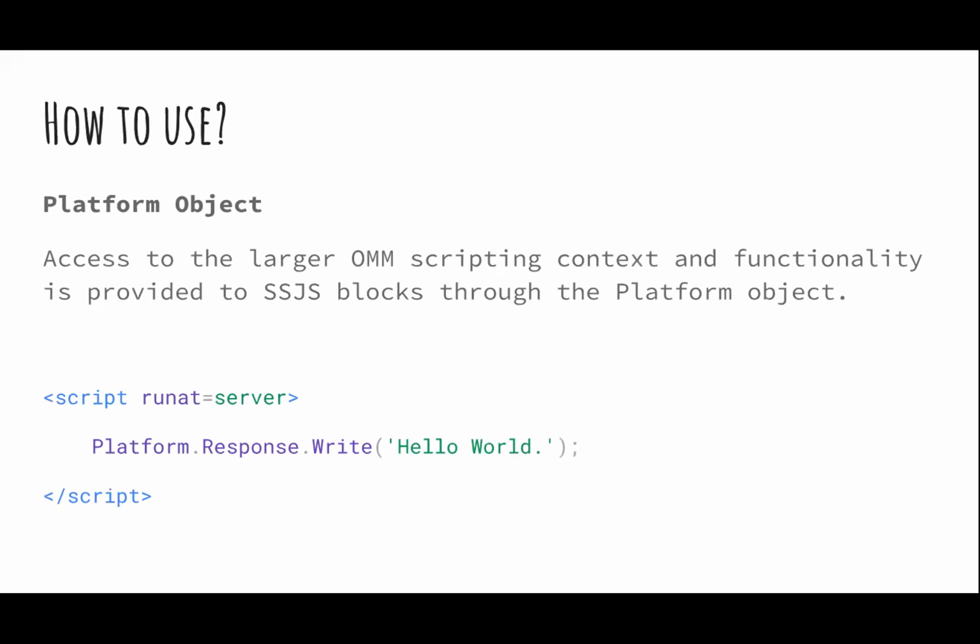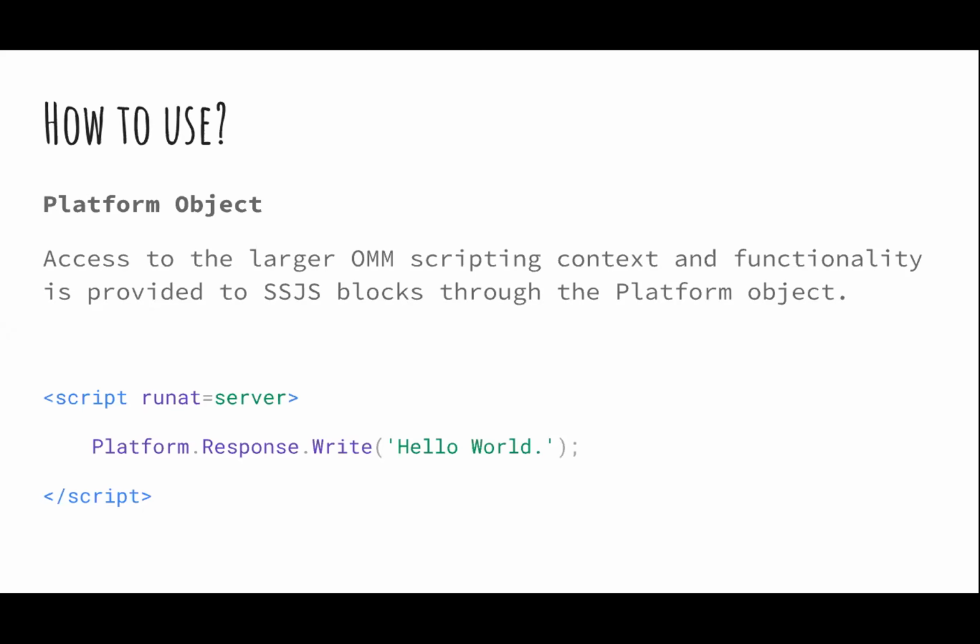So, the platform object. Marketing Cloud gives access to a set of library functions, and this comes in the form of a platform object. It gives access to a larger AmpScript context and functionality. For SSJS, this is provided through the platform object.